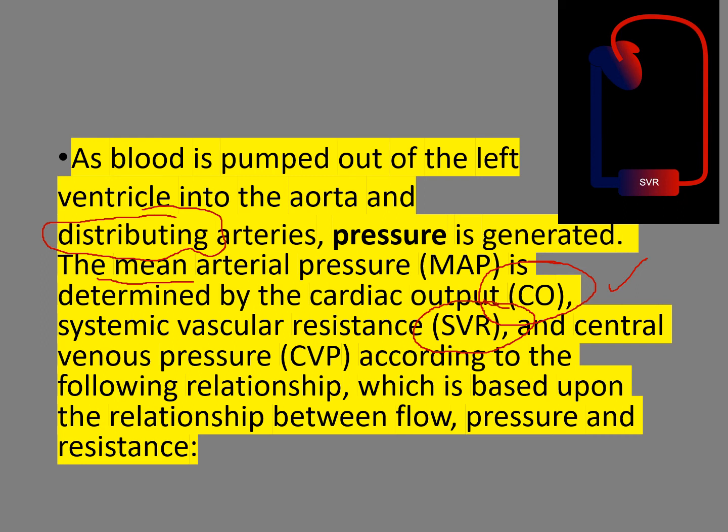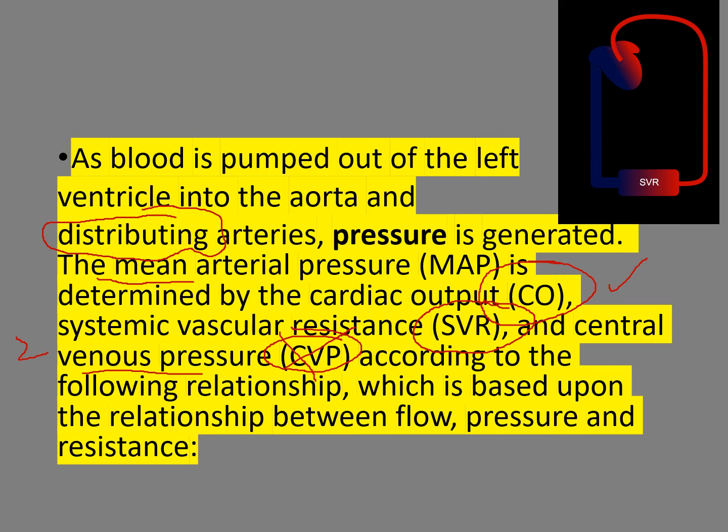The central venous pressure also matters a little bit. The veins are usually pretty low resistance, and they have valves to prevent backflow. So roughly speaking, you can almost ignore that.